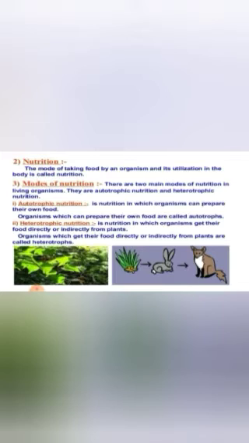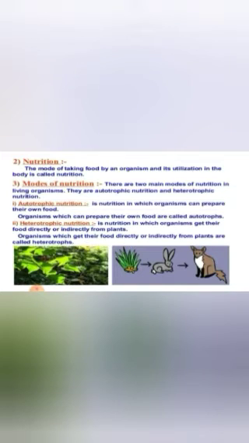These organisms which prepare their own food are called autotrophs. So the best example for autotrophs is plants. Plants prepare their own food, that is why they are called autotrophs. But there are a few plants which are heterotrophic because they depend on other plants or animals.